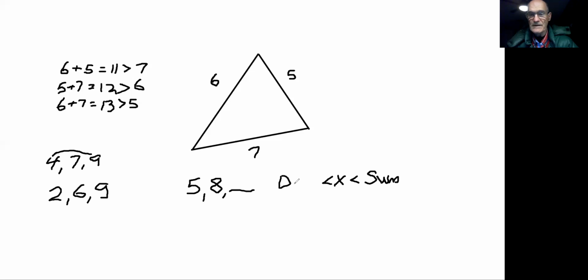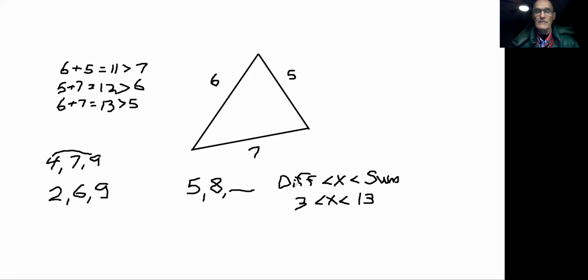I'll just abbreviate this DIFF. Okay, so in this case, x is less than the sum of these two numbers, which is 13. So the third side has got to be less than 13, and the difference between the two numbers is 3. So it's got to be greater than 3.